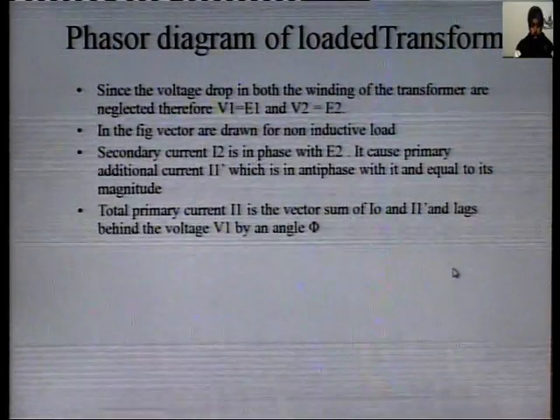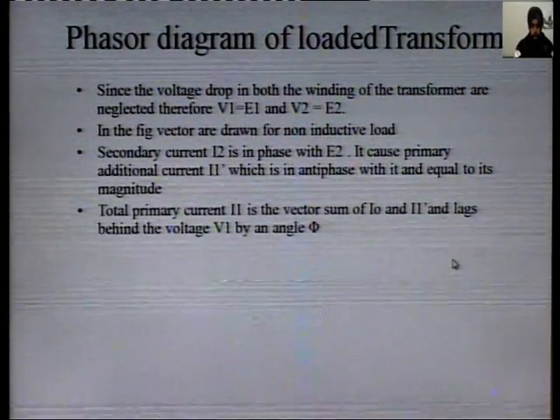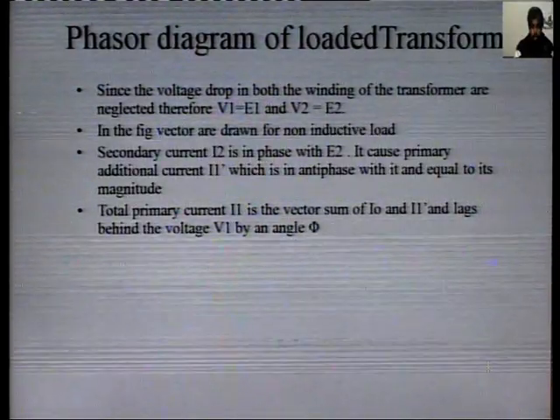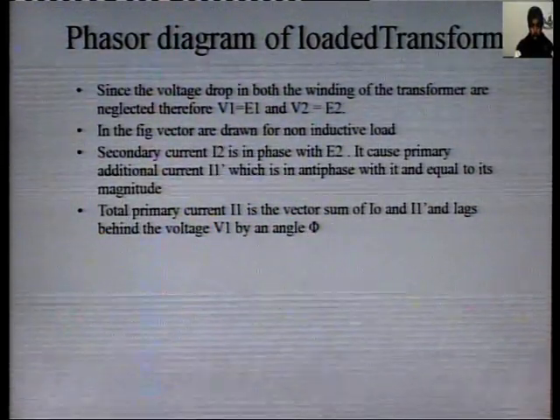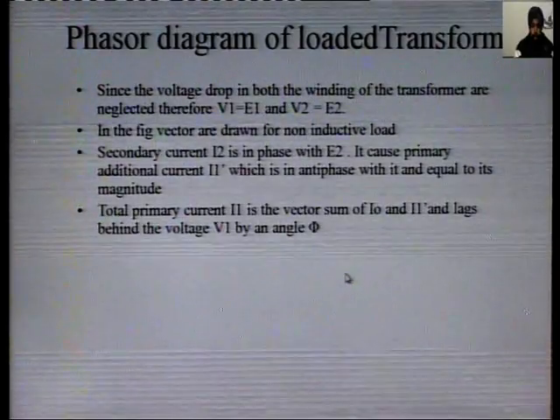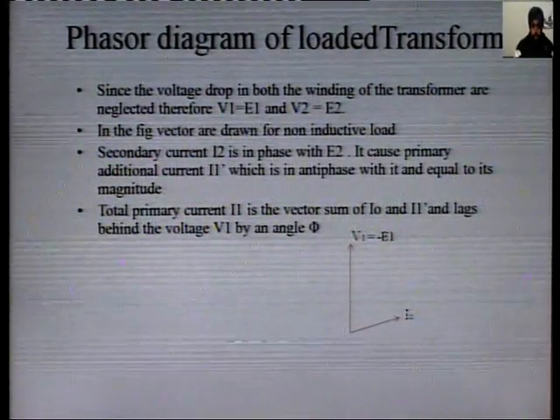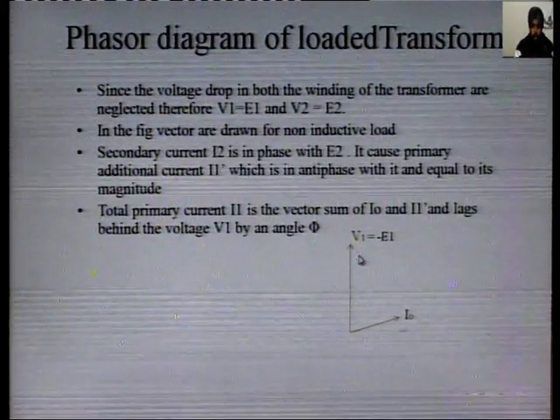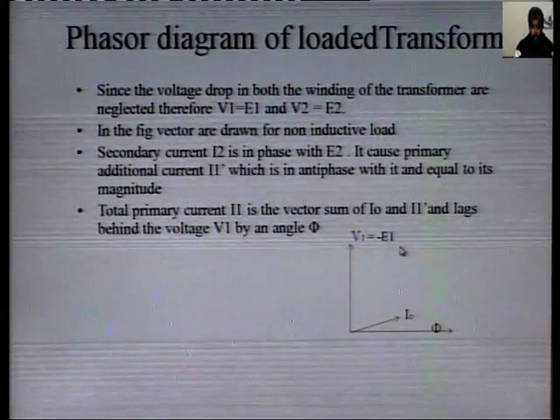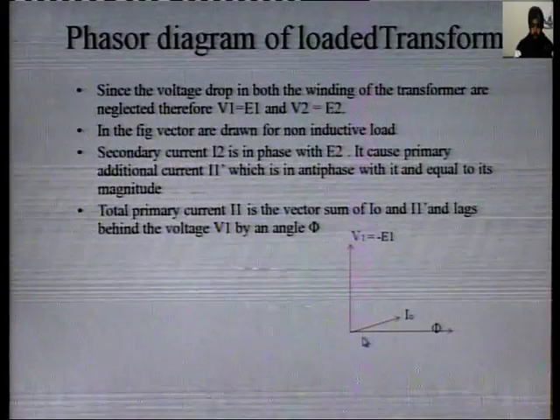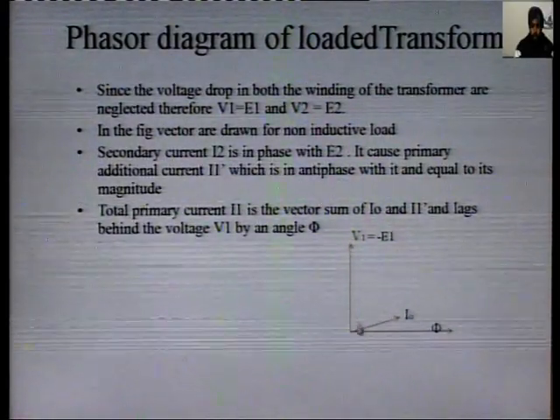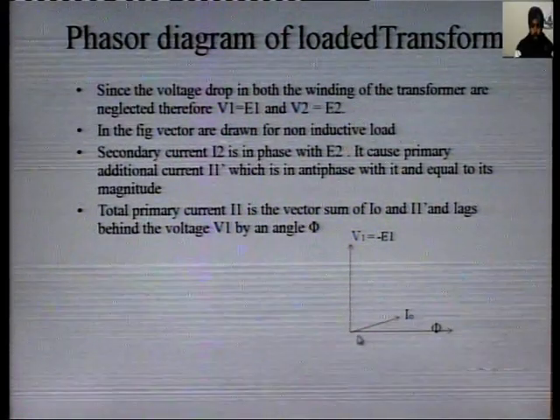Total primary current I1 is the vector sum of I0 and I1 dash and lags behind the voltage V1 by an angle phi. The magnitude of voltage V1 is equal to E1, and flux phi lags behind the voltage by 90 degrees.